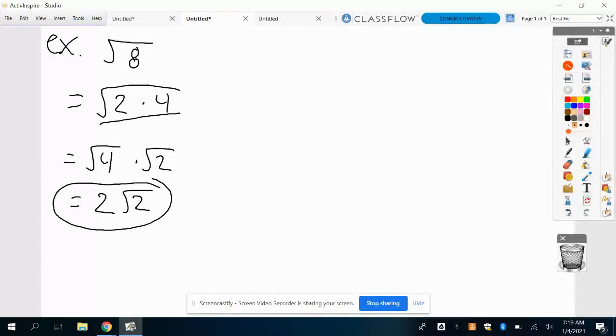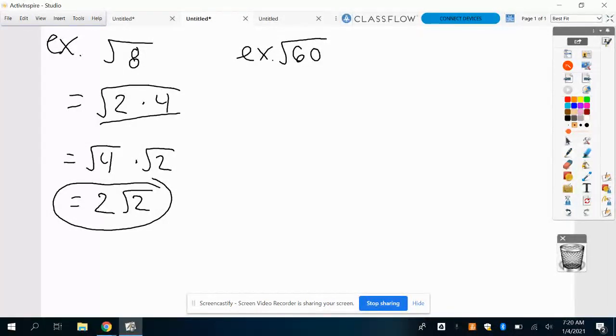That is the easiest way to do it when you're dealing with smaller numbers, where you can tell right away a perfect square that goes into that number. But sometimes you might not have that luxury. Sometimes you might be dealing with big numbers. So let's say, for example, you're dealing with something like the square root of 60. Now, right away, you probably can't tell a perfect square that could go into 60.